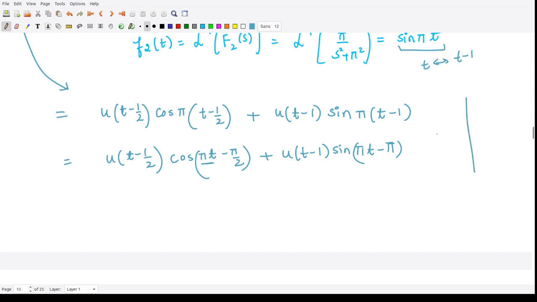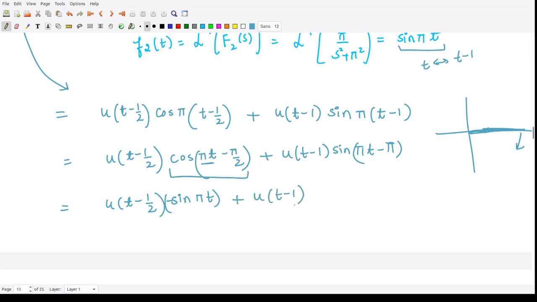Using the laws of trigonometry, suppose you are standing over here. Minus pi by 2 means you are in the fourth quadrant, and in the fourth quadrant your angle is negative, and because we have pi by 2 it is converted to sine. So we have minus sine pi t here in place of this using the laws of trigonometry, and we have u of t minus 1 as such.